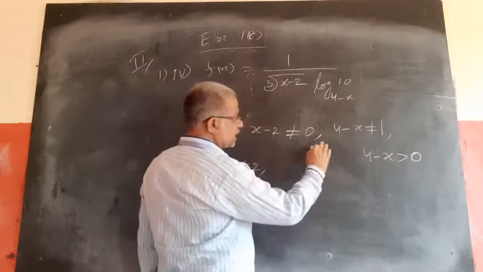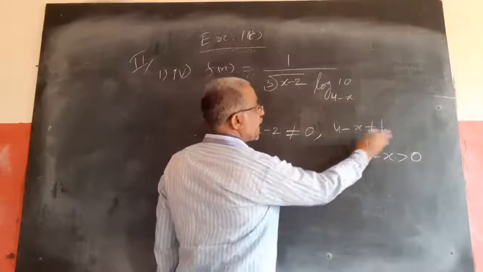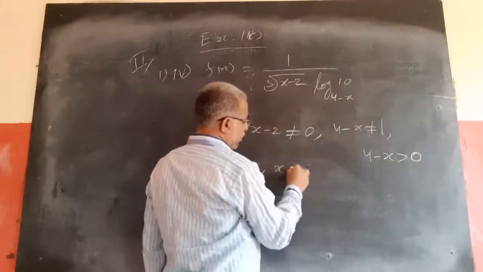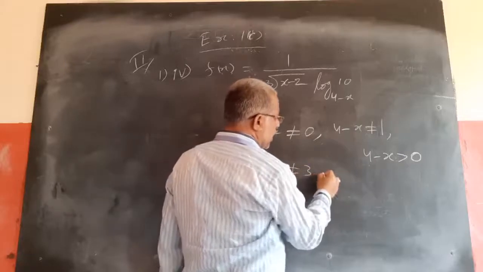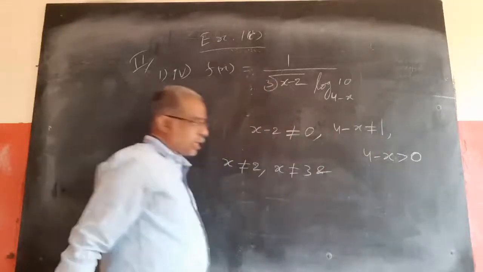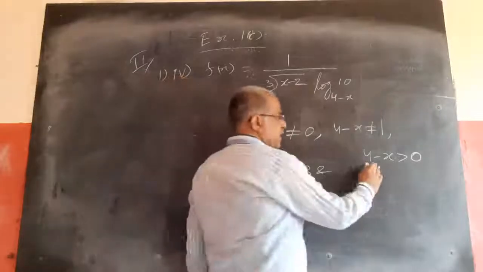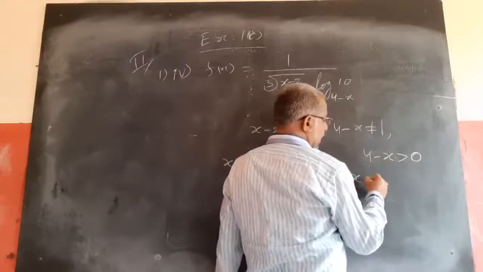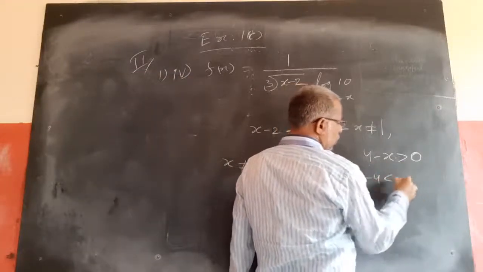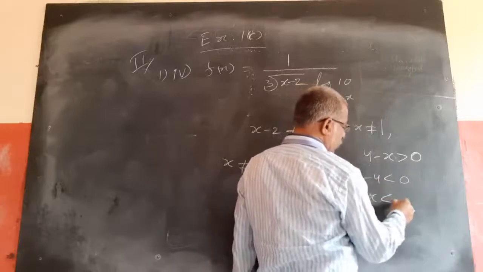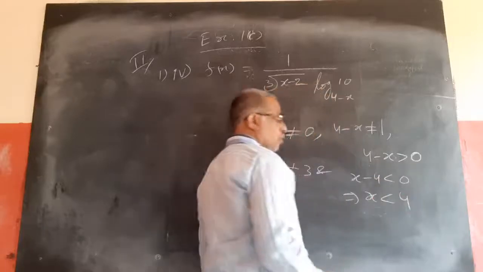Second case, 4 minus x not equal to 1, taking x to one side and 1 to the other, implies x not equal to 3. And third case, 4 minus x greater than 0 means x minus 4 less than 0, which is nothing but x is less than 4.